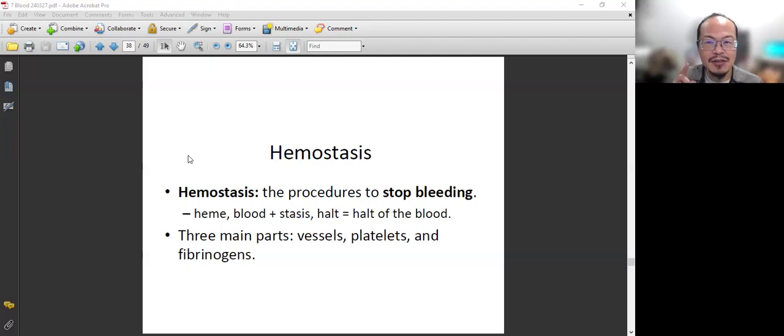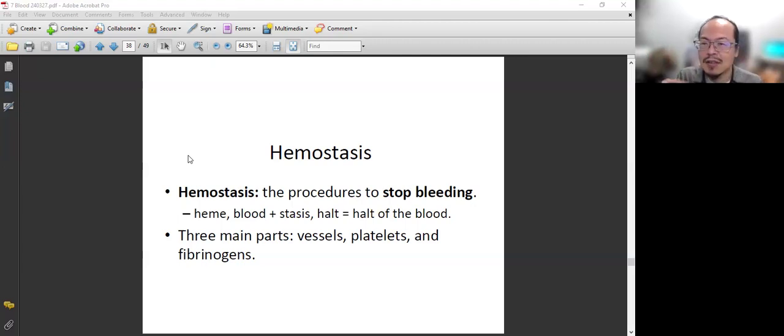In the earlier lecture, we talked about the cardiovascular system. So we know the vessel has three layers: tunica intima, tunica media, tunica externa. When the endothelium cell is injured, the blood will see something that it is not supposed to see, right? Because everything should be covered by endothelium.